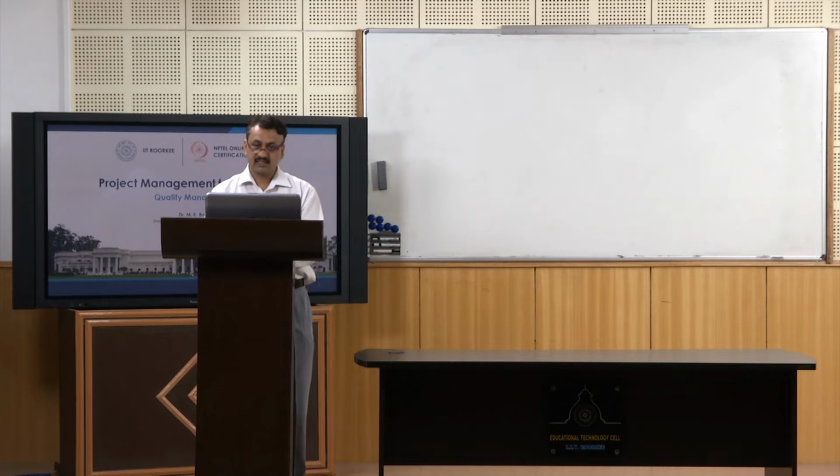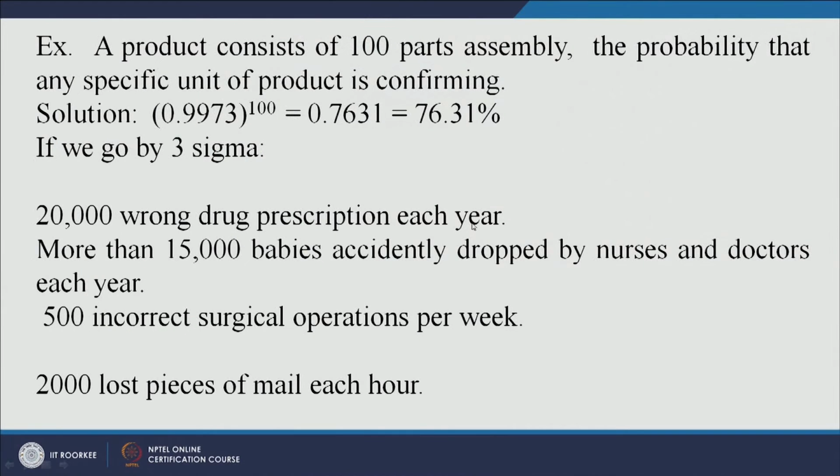So, there are certain problems with 3 sigma limits, right. If you follow a 3 sigma limit, then there would be 20,000 wrong drug prescriptions each year. More than 15,000 babies would be dropped accidentally by doctors and nurses each year. Would you like that to happen? No. You will have 500 incorrect surgical operations per week.